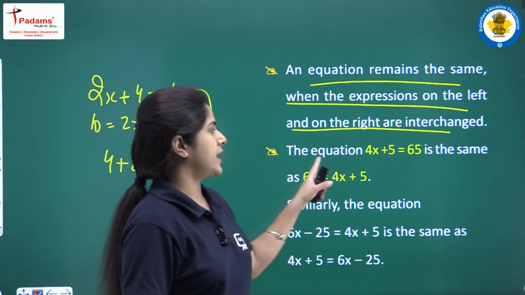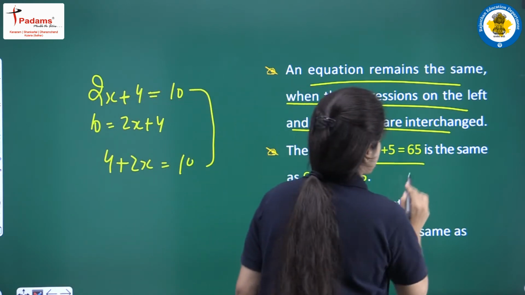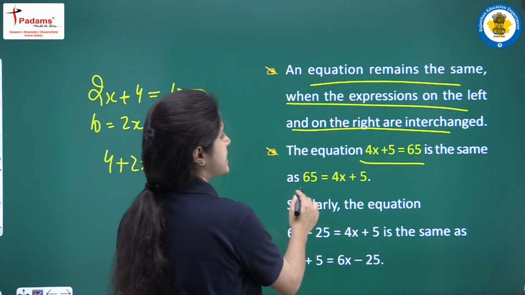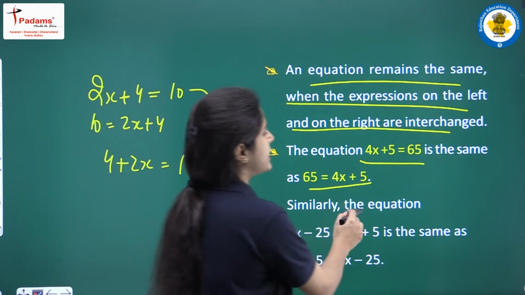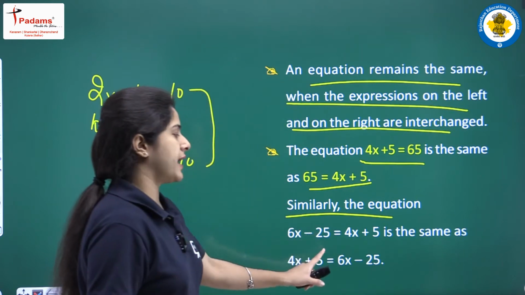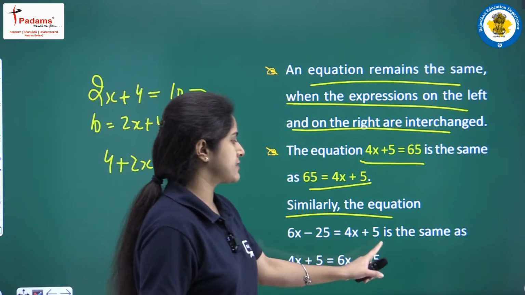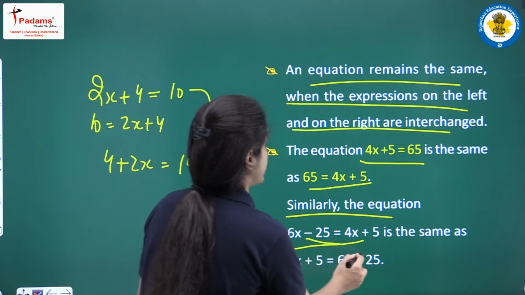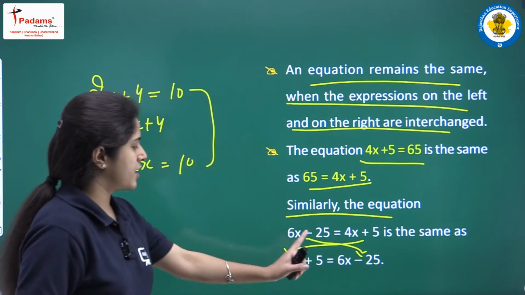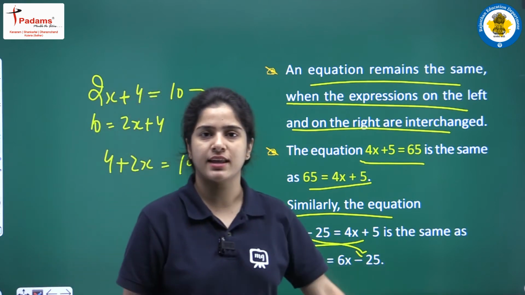Okay, so the equation 4x plus 5 is equal to 65 is the same as 65 is equal to 4x plus 5. Okay, similarly the equation 6x minus 25 is equal to 4x plus 5 is the same as, if we interchange their positions, 4x plus 5 is equal to 6x minus 25.